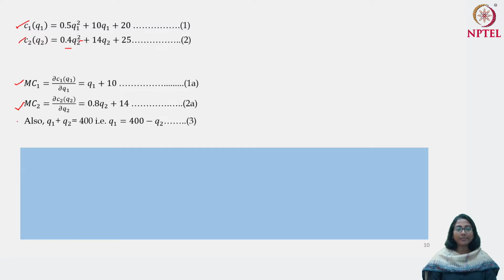Also, the first order condition that I get by setting del L del lambda equal to 0 is Q1 plus Q2 equal to 400, or I can express Q1 in terms of Q2 by writing Q1 equal to 400 minus Q2. So at optimum, what is happening?